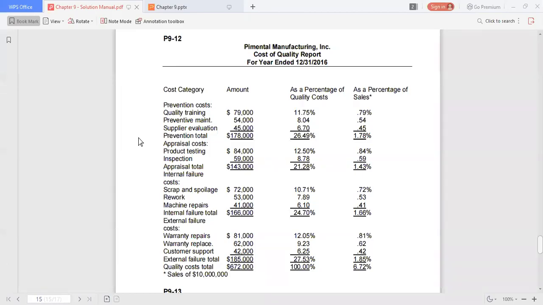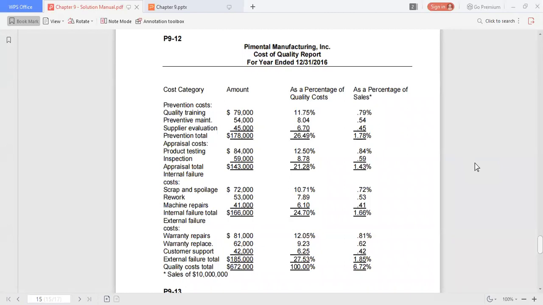Okay, so we have now the following costs, scrap and spoilage. So we have to determine where this should be included. Scrap and spoilage is under internal failure cost, then inspection will be under appraisal. Warranty repair should be under external failure. Supplier evaluation is under prevention cost.